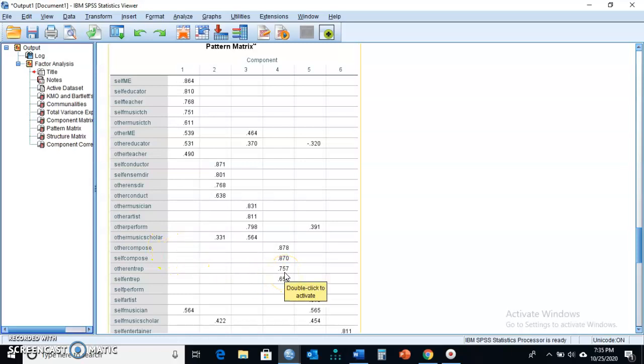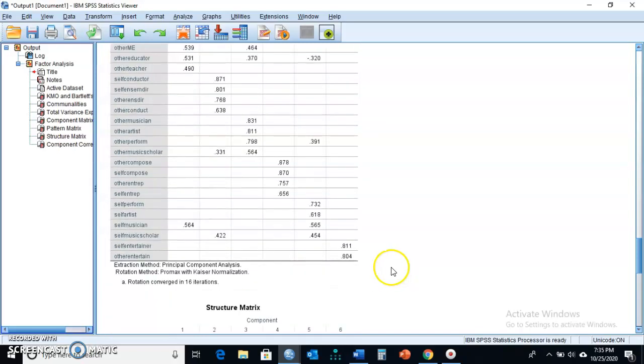The fourth component they called creative business person. A composer, this might mean something like self-employed composer, entrepreneurship, both their own perception and others. So they called it creative business person. As you can see, they're just coming up with their own labels for these clusters. The fifth one they called internal identity.